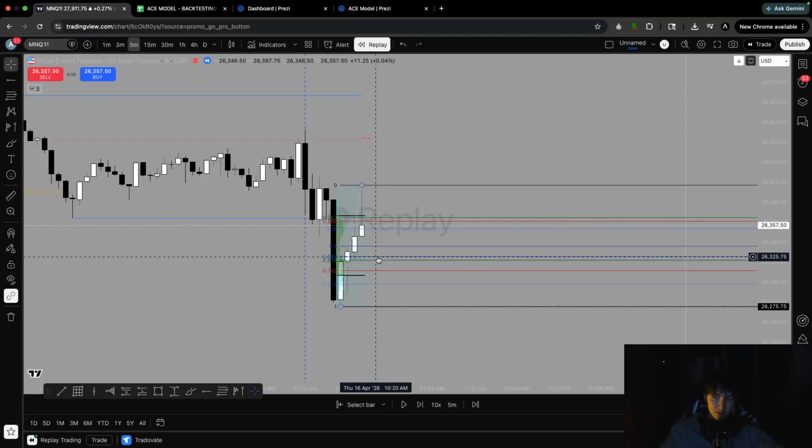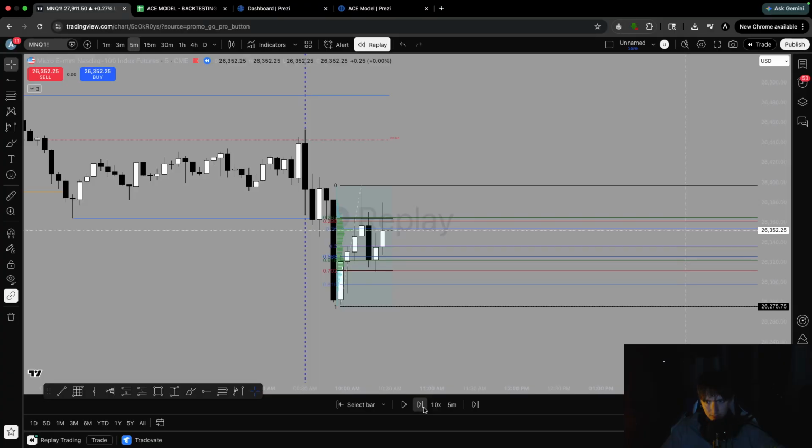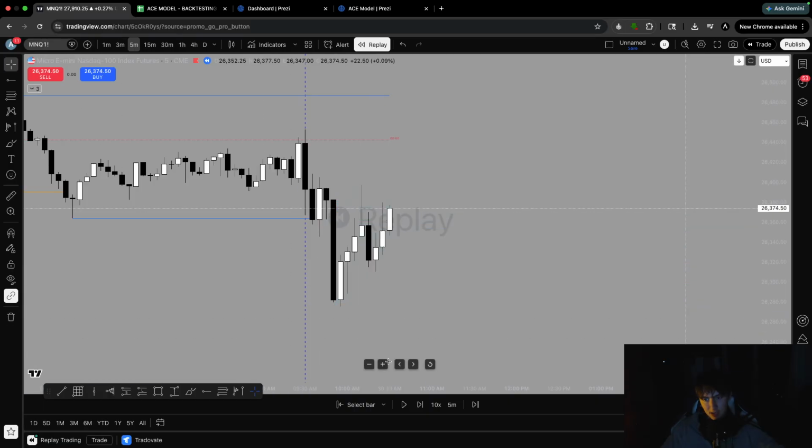We want that to be above this blue line right here before we get a retrace. And so you can see here we got a retrace, and so it's no longer valid. Although you can see it still would have hit, but especially with a close between the 0.5 and the blue level, it's not worth taking it. That would be gambling.